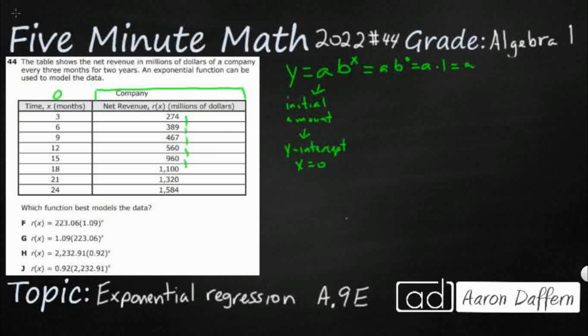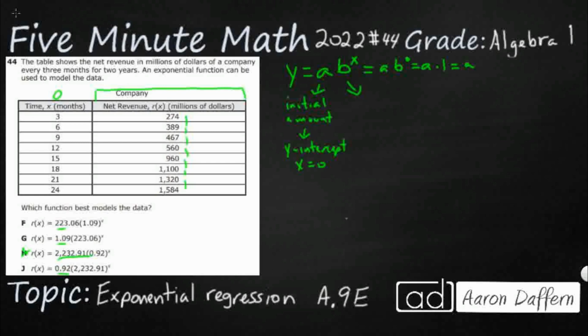They're not increasing by a whole bunch, so if we were to kind of move that back, that 223 looks like it would probably fit the best. It's not going to start out really huge like this. These G and J are also smaller than 274, but really, really small. So the F is kind of looking good.